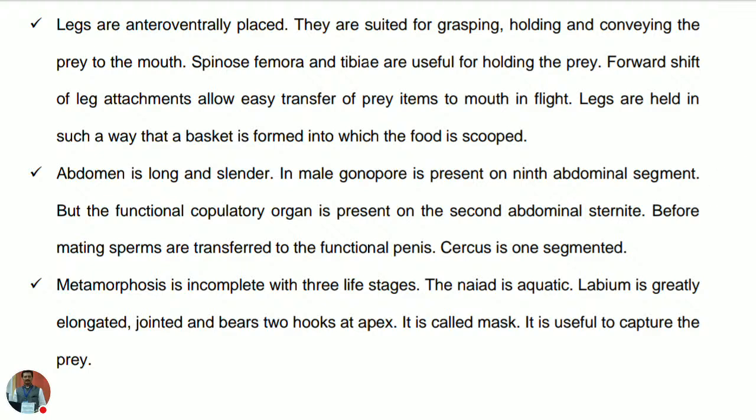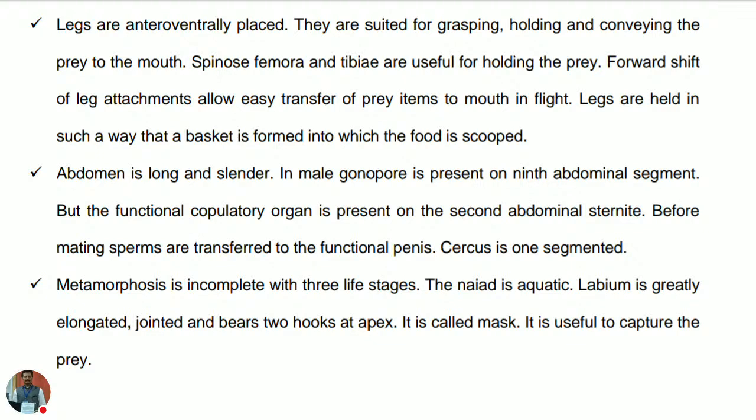Next is the abdomen. It is long and slender, and in case of the males, the gonopore is present on the ninth abdominal segment. This we have discussed earlier in many insects. And here you can observe that a functional copulatory organ is present on the second abdominal sternite.